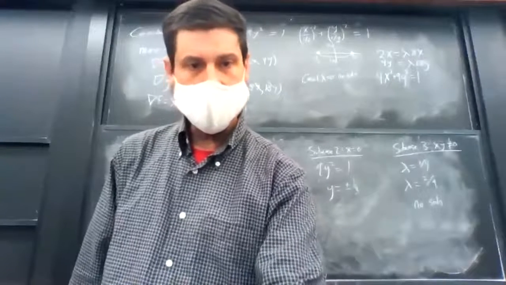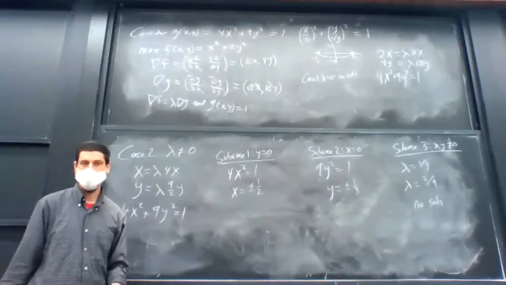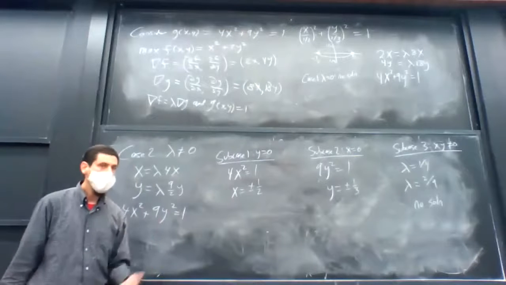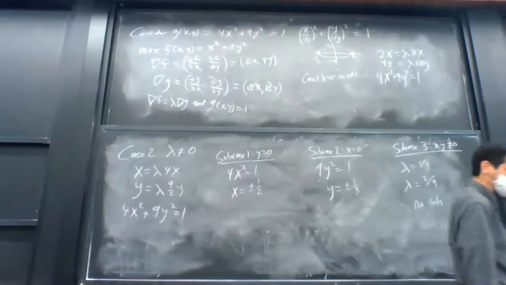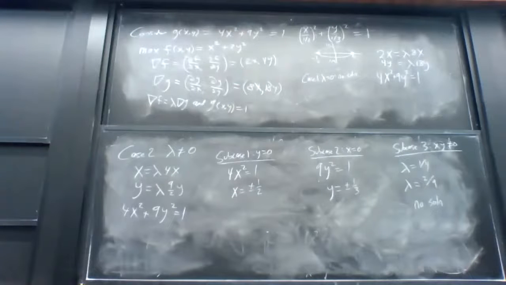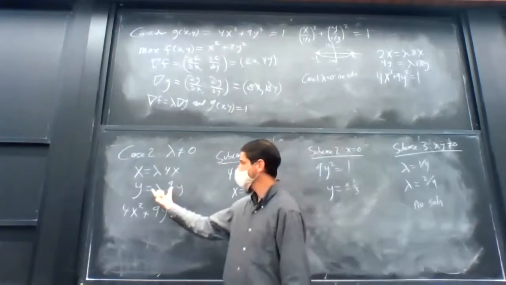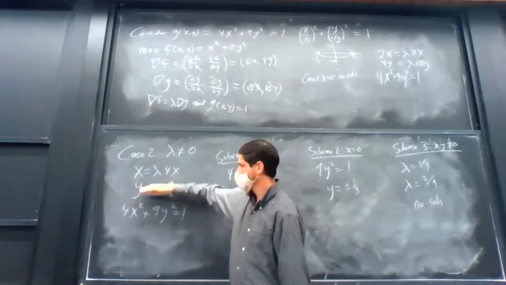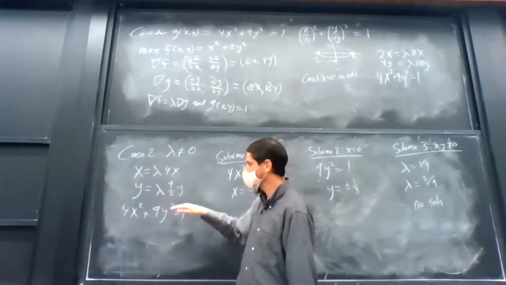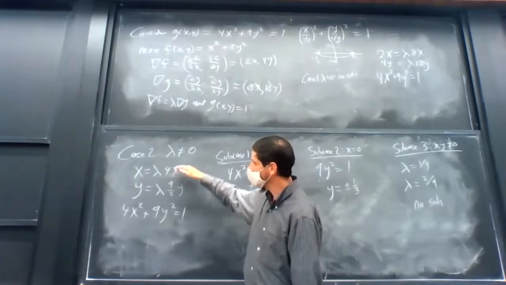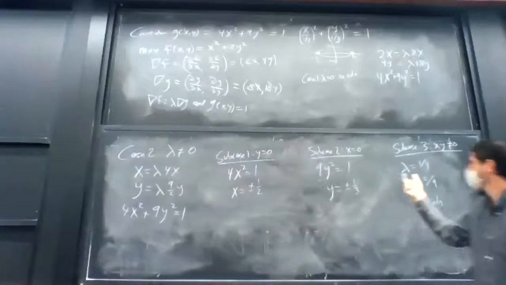By doing a lot of easy problems, you have more subcases to consider, but I would rather just carefully keep track and make sure that I haven't forgotten anything than try to do it all at once. And by breaking it up into lots of different cases, if y equals 0, then I know it's 4x squared equals 1. If x equals 0, then I know it's 9y squared equals 1. And if x and y are both not 0, I can cancel the x, I can cancel the y's, and now I get aha.